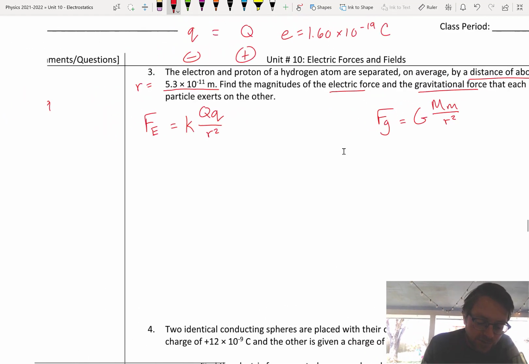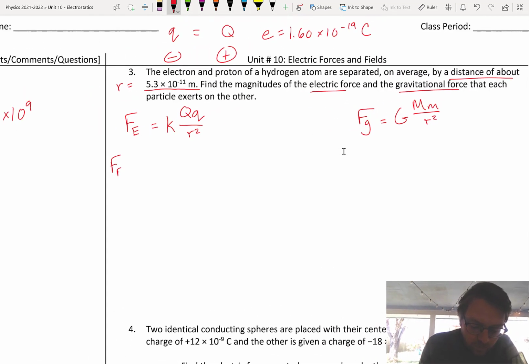So let's see what the electrostatic force is. Electrostatic force, I've got upstairs 9 times 10 to the 9. My charges are of the proton and electron, same amount of charge, elementary charge, 1.6 times 10 to the minus 19. We've got another one, so same number.